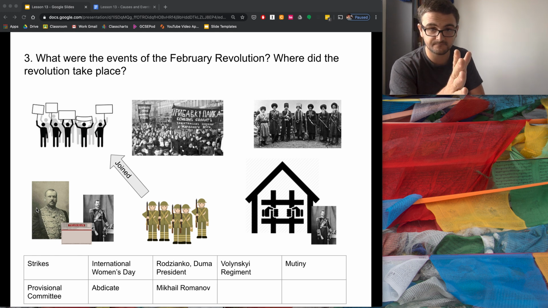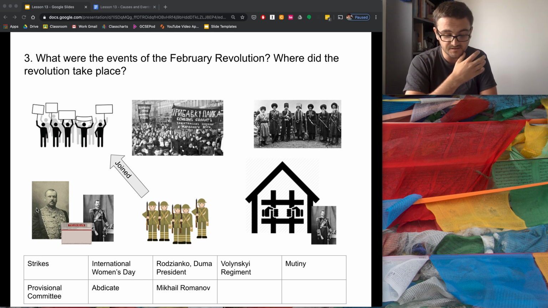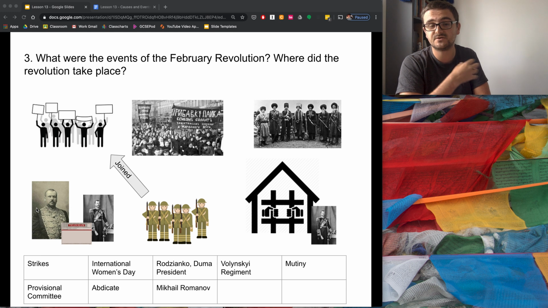However, the Volynski regiment mutinied. The Volynski regiment refused to follow those orders. They refused to fire and attack the protesters and strikers. Instead, they shot their commanding officers as an act of defiance.